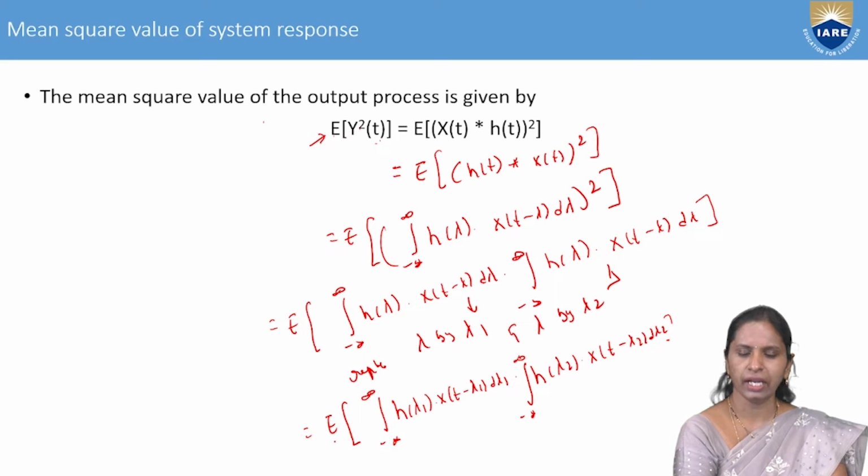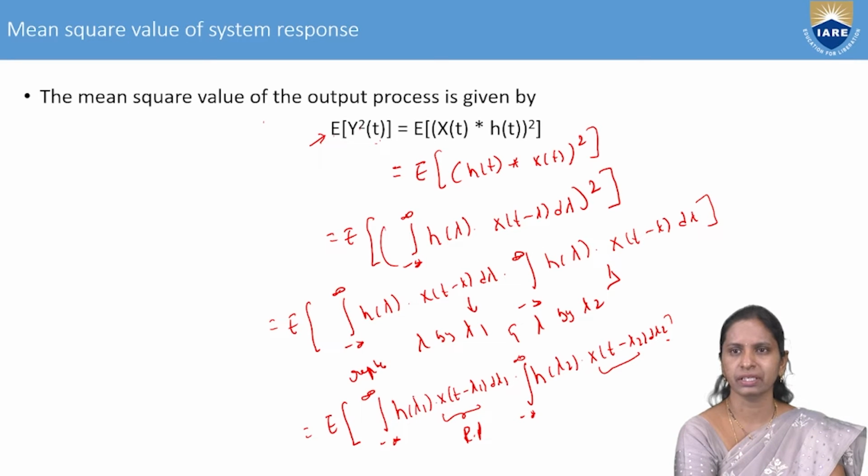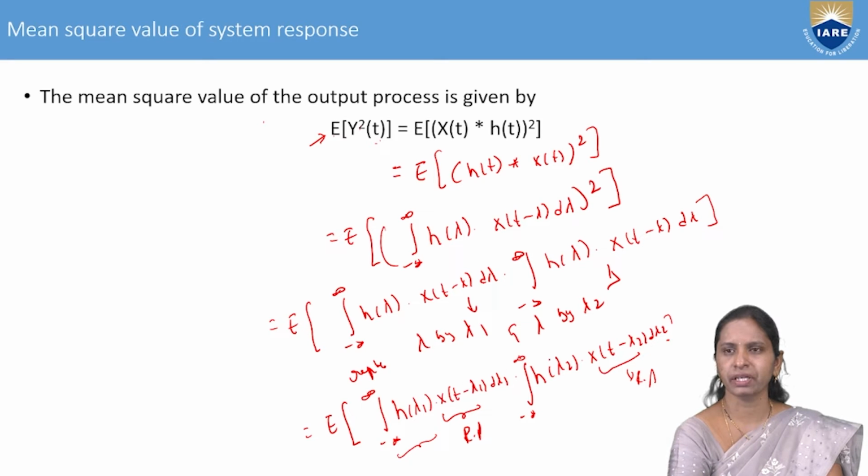Now, I have to calculate the expectation or the mean. Always, expectation is calculated only with respect to the random process or random variable. In h of lambda 1 and x of t minus lambda 1, which is a random process? x of t minus lambda 1 is a random process and h is the impulse response. Therefore, this is constant and I can bring it outside. Similarly, in the second integral, x of t minus lambda 2 is the random process. So I have to calculate the expectation for the random process only.